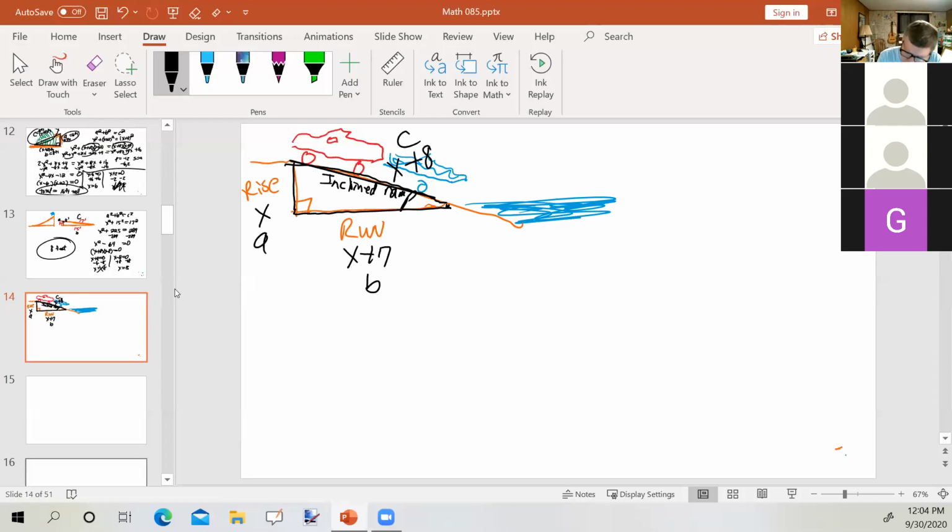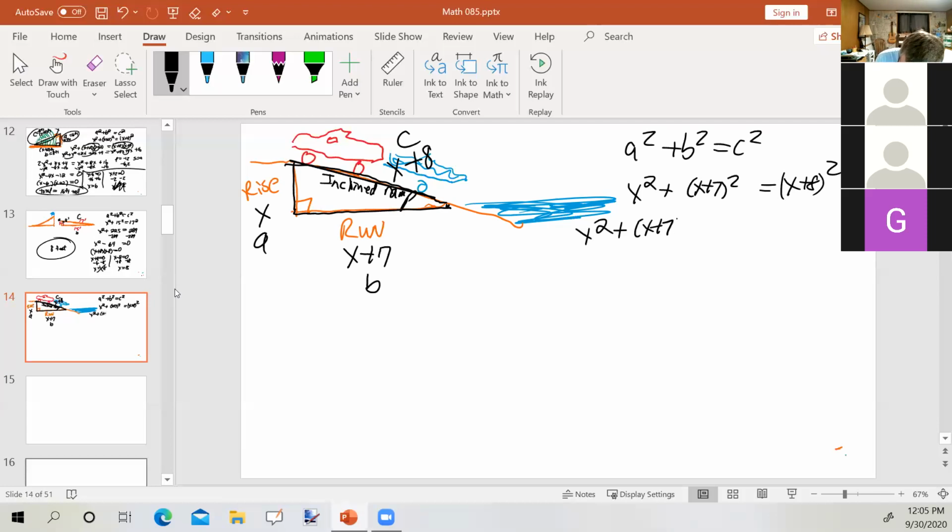It wouldn't matter. Using the Pythagorean theorem, a squared plus b squared equals c squared, we get x squared plus x plus 7 squared equals x plus 8, the quantity squared. And now it's going to be very much like a problem we did a little bit ago. I'm going to have x squared plus x plus 7 times x plus 7 equals x plus 8 times x plus 8.